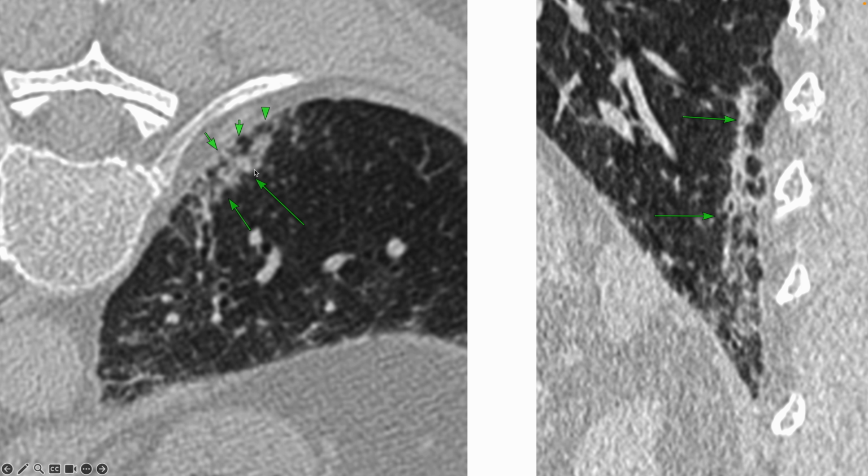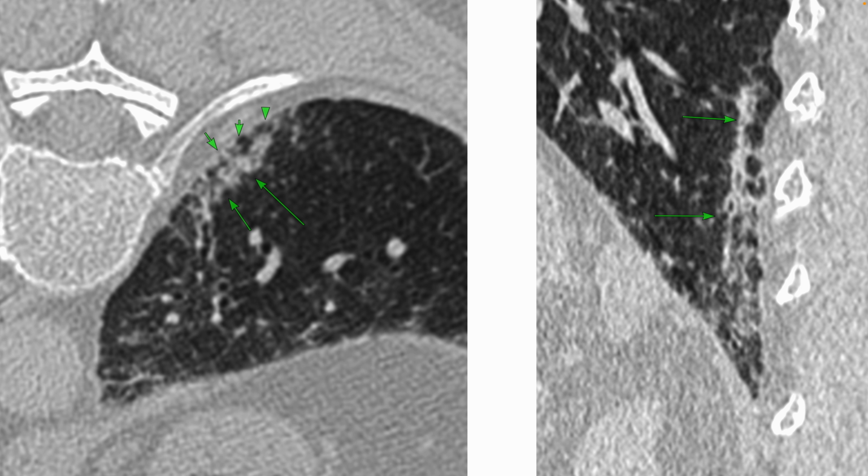The other side again shows intralobular septal lines or core lines as he calls them, and we have interlobular septal thickening extending towards the pleura, a little bit of pleural thickening, and you could imagine that all these are dots. My feeling and understanding is that the dots were probably in those days just reticular opacities that we were not able to see because of the resolution at the time.